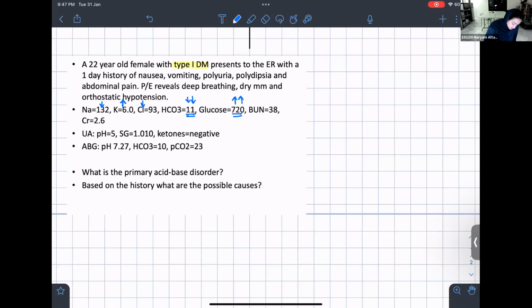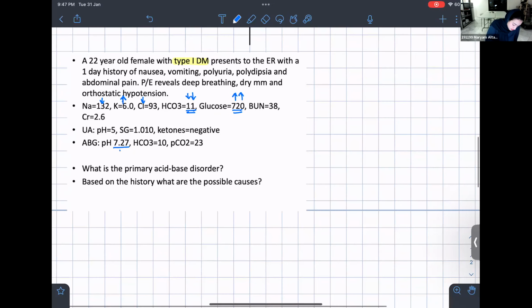Okay, now let's keep the urinalysis to the side. pH is 7.27. Is that high or is that low? Low. So this is an acidosis. And bicarb on the ABG was 10, which is also low. And PCO2 is 23, which is also low. Okay, so now all of these are low.